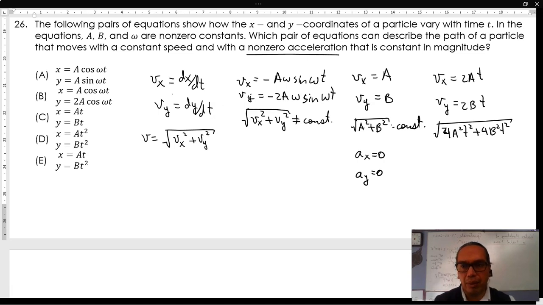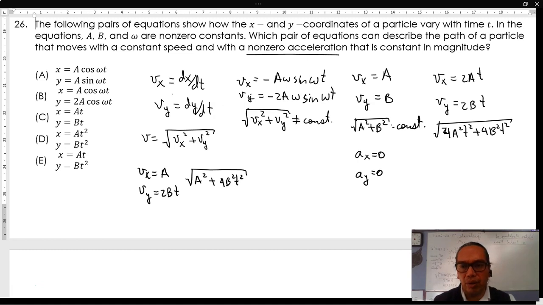The same thing happens for option E. In that case, Vx is a, Vy is 2bt, and the speed, the square root of a squared plus 4b squared t squared, is not independent of time, so it is not a constant speed.